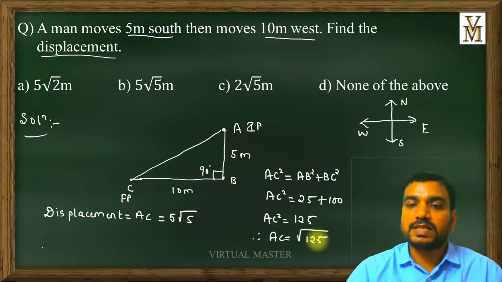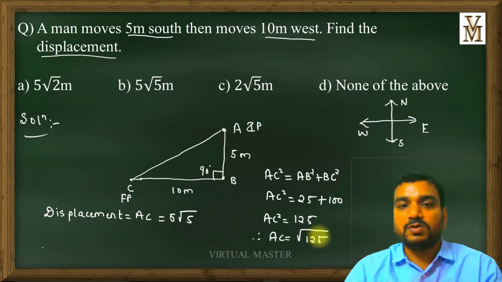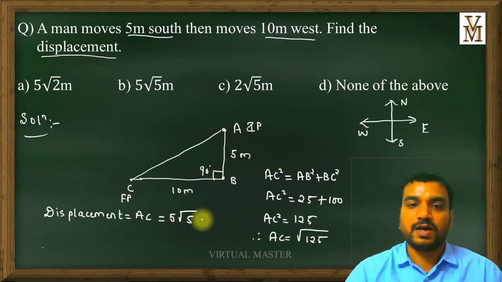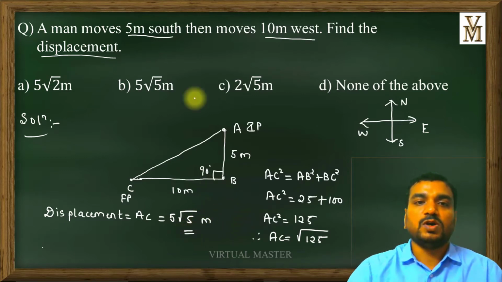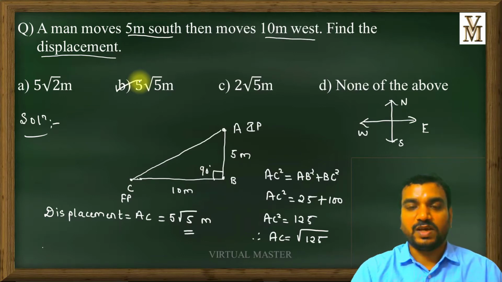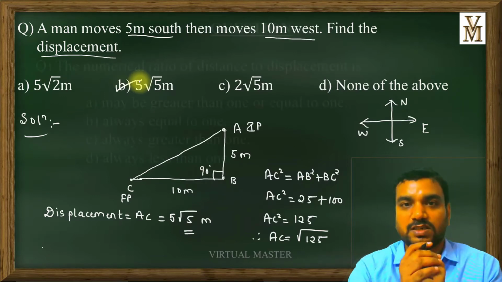Okay, 25 5s are 125. And if you take square root of 25, you are going to get 5. So 5 root 5. The correct answer is 5 root 5 meter. So option B, 5 root 5 is correct. Okay, I hope everyone have understood the solution of this question.